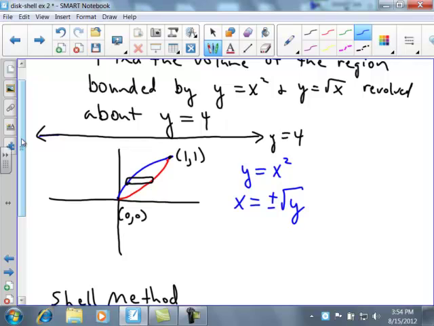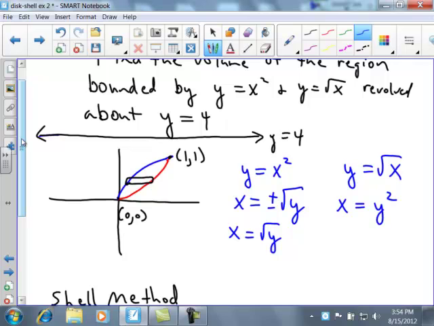For my region, which is in the first quadrant, I just need the positive square root, so I'm just going to worry about x being equal to the positive square root of y. For my other one, where I have y equal to the square root of x, if I square both sides, then I get that x is equal to y squared.